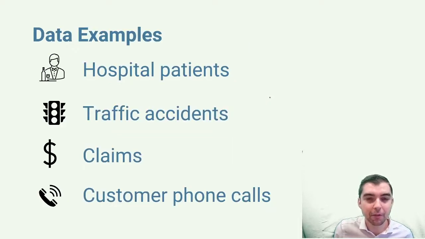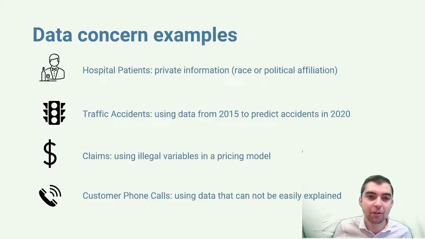So here are some examples of data sources. You might look at all patients who have been admitted to a hospital, or traffic accidents, insurance claims, or customer phone calls. Just some concerns that you would have are hospital patients having private information about their race or political affiliation.